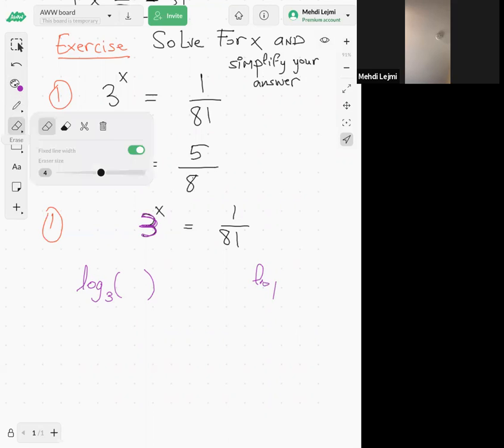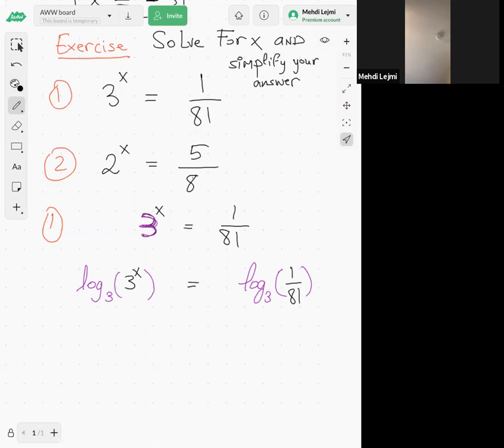Log in base 3 and this exponential in base 3 cancel out. So it's going to be just x on the left equals log in base 3 of 1 over 81.